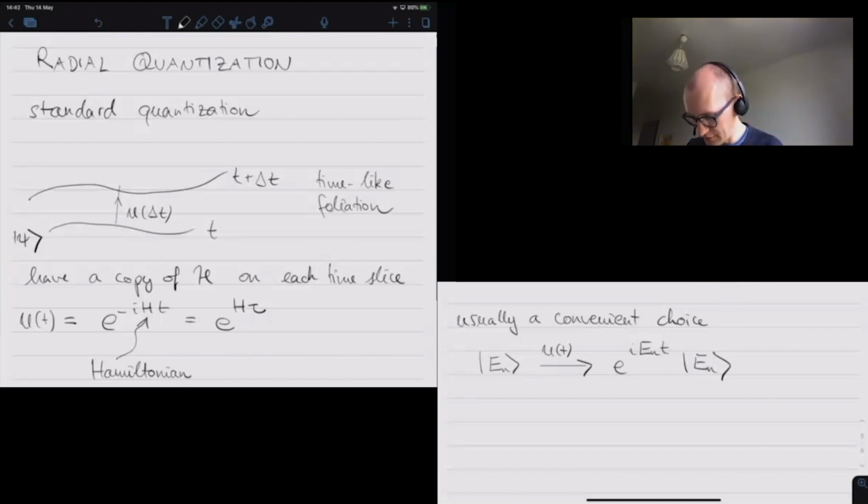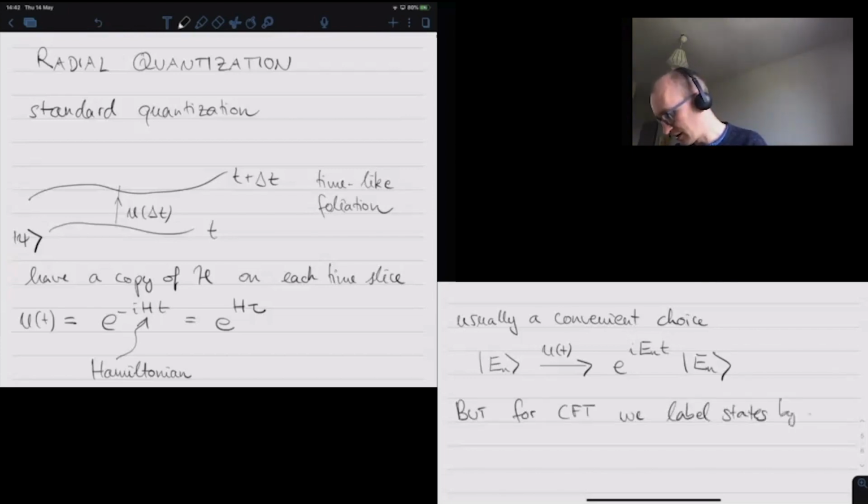So, but okay, for CFT, we label the states, let's say, by the eigenvalues of D. I mean, just for suggestive reasons, this, of course, E_n is an eigenvalue of H, the Hamiltonian.